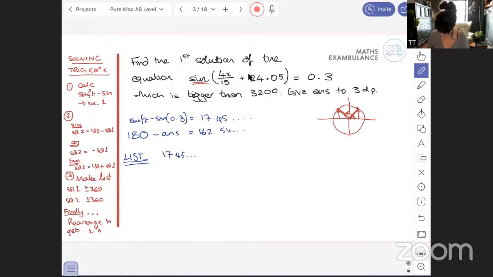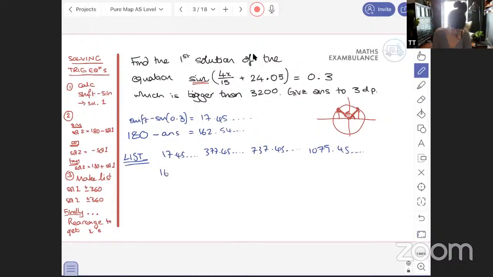So I'm going to take my 17.45, keeping lots of decimal places, add on 360, 377, blah, blah, blah. Add on 360 again, 737.45, blah, blah, blah. Add on 360 again, 1097. It's not hard, is it? Literally just press plus 360 equals. And again, I'm a bit bored now, and you literally just keep going till you're a bit bored.